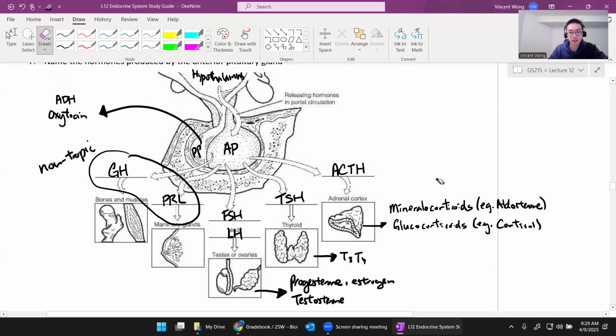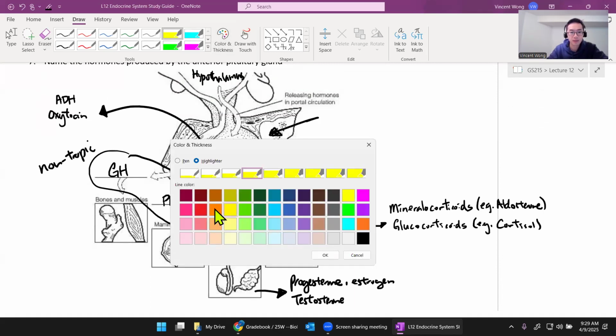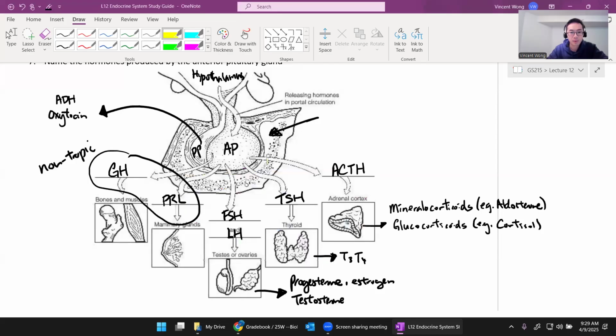Okay, there you go. By the way, what bone is this? What is this bone right here? This bone that protects our precious pituitary gland. Pituitary gland is so small, yet it does so many things. Okay, but we need to protect it. What is this bone? There we go.